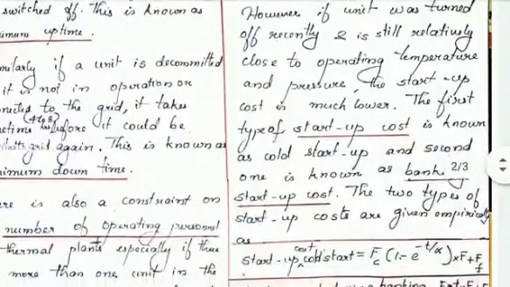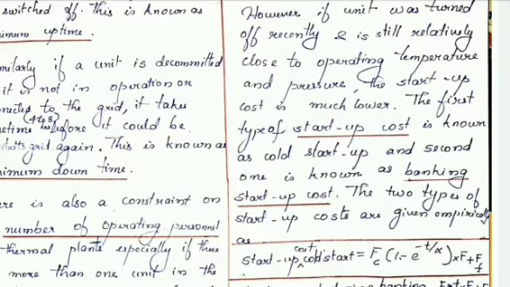But if it was turned off recently, which means it is not cold and is still relatively close to the operating temperature and pressure, then the startup cost will be much lower.